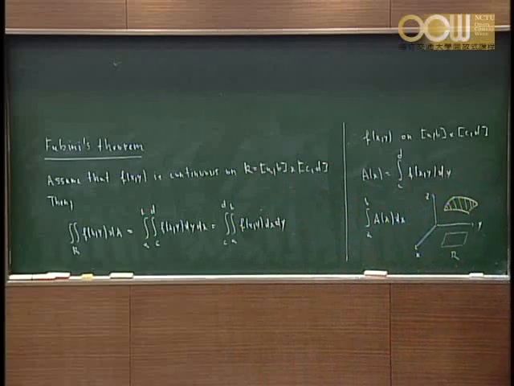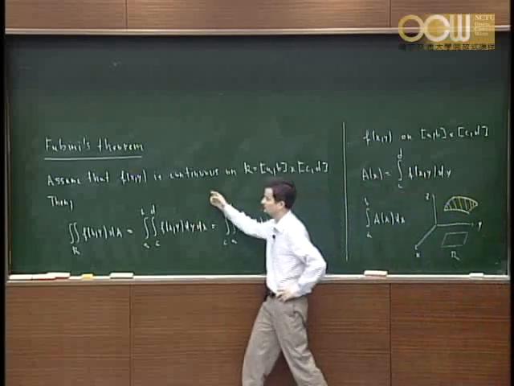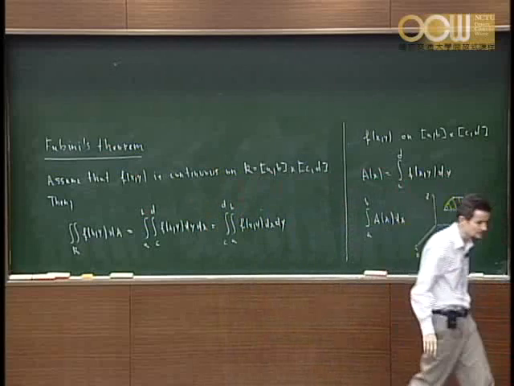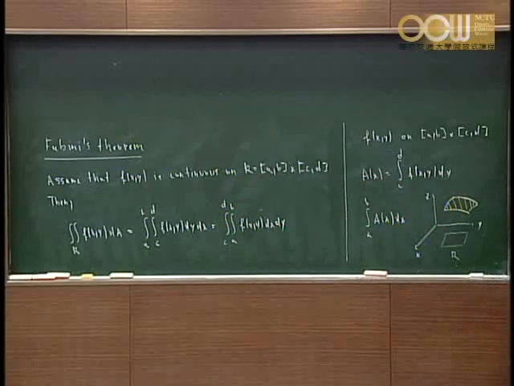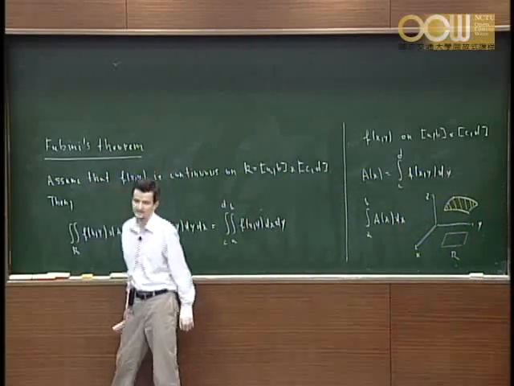So this doesn't work for all functions, but it's true if f is continuous. This is Fubini's theorem. It should be clear what the power of Fubini's theorem is. It makes the task of computing a double integral easy.